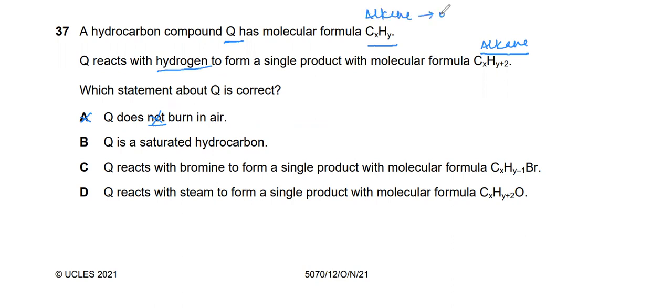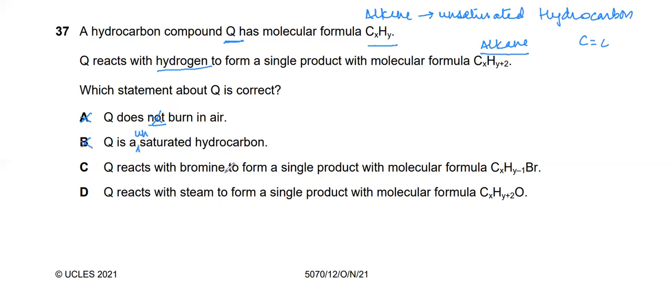Alkenes are unsaturated hydrocarbons because they have a carbon-carbon double bond present in them. So this is not saturated, but unsaturated. So B is again wrong.